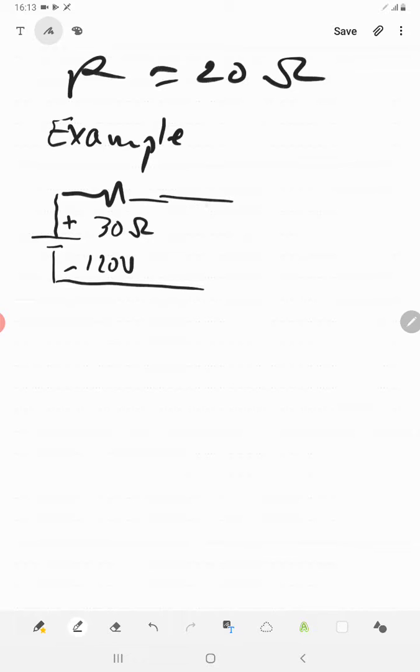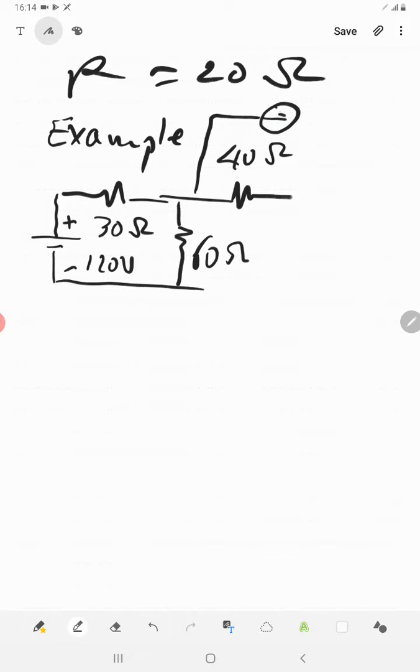Let's have a resistance here, 60 ohms, okay. And let's have a 40 ohms here, and let's have a current source in this direction of 2 amps, and we have these 2 points A and B.